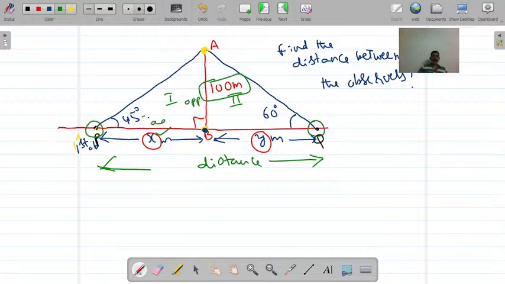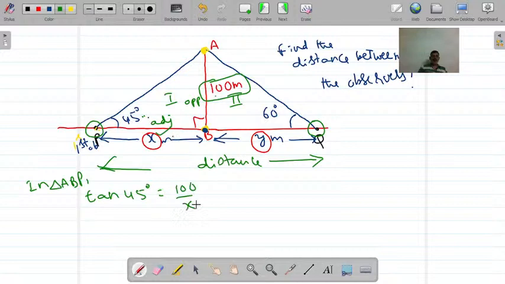So what is the trigonometric ratio we can use? It is clearly tan. So tan 45 equals opposite by adjacent, in triangle ABP, the first triangle I am taking. Tan 45 is opposite by adjacent, so 100 by x.